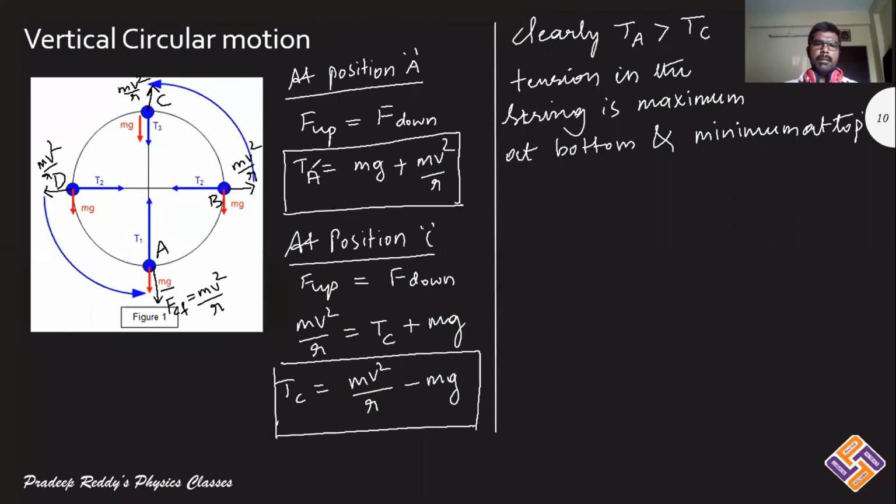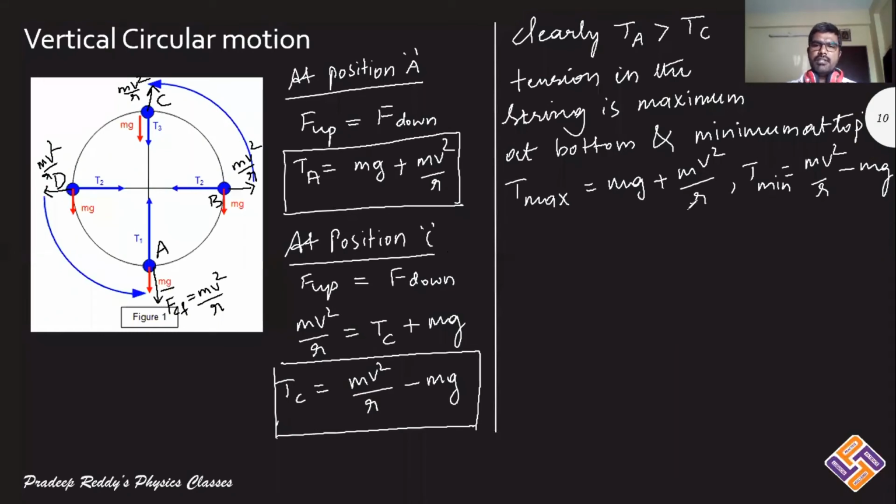So tension maximum and tension minimum. T maximum you can just write as mg plus mv square divided by r, and T minimum can be simply written as mv square by r minus mg. That is the relation between T maximum and T minimum.